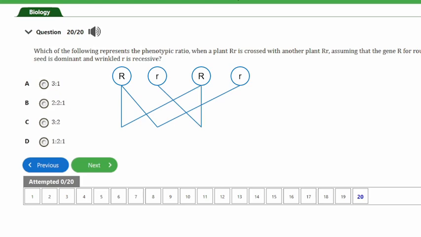So we now have, lastly, second R to the second R, and that's small r, small r, and that's the homozygous recessive. So you see that there's just one homozygous recessive here, and then all these are having roundness, and since roundness is dominant, they will possess this phenotypic feature of dominance. So we have 1, 2, 3 for roundness, and then 1 for wrinkle.